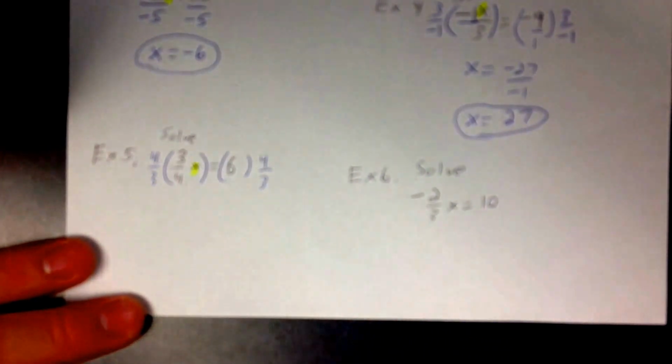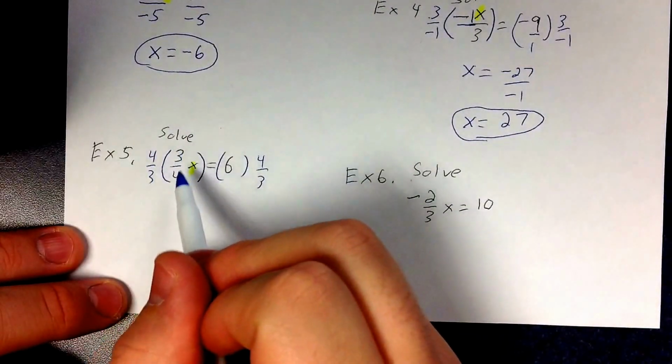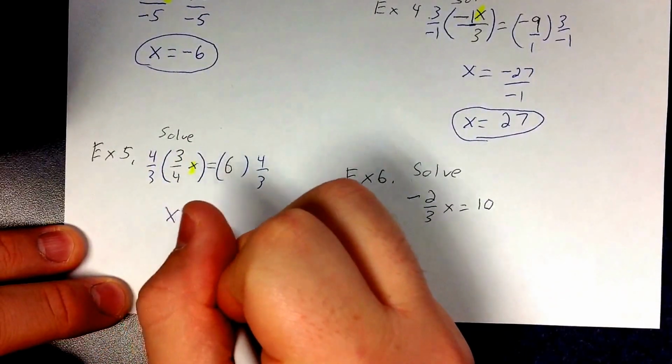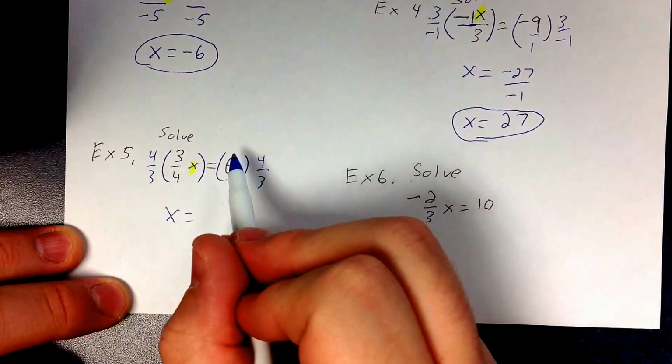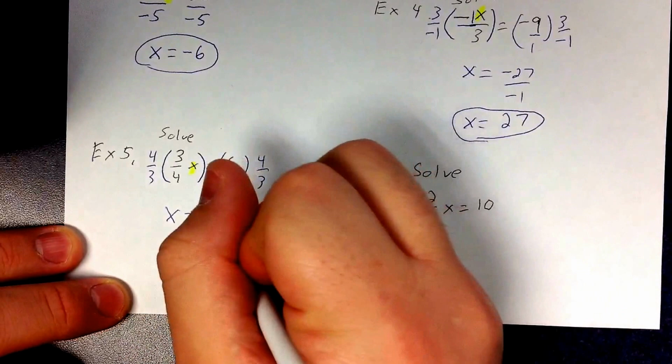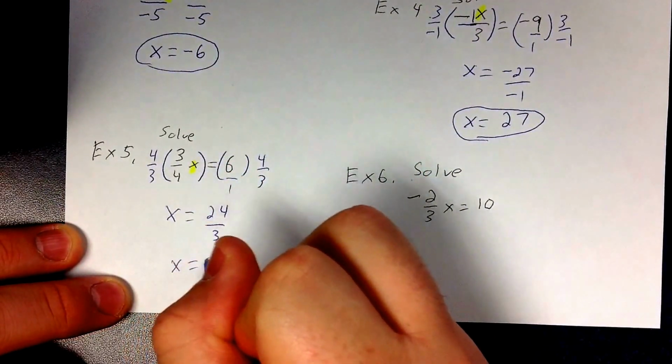Okay, so then 4 over 3 and 3 over 4 would cancel down to 1x. Again, if you need to think about this as 6 over 1, you can. So I multiply straight across. 6 times 4 is 24, 1 times 3 is 3, and then you need to divide that to get 8.